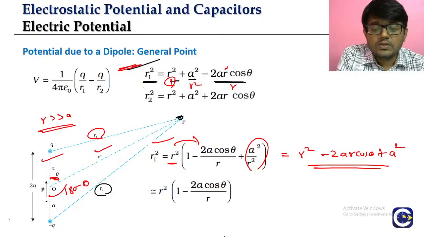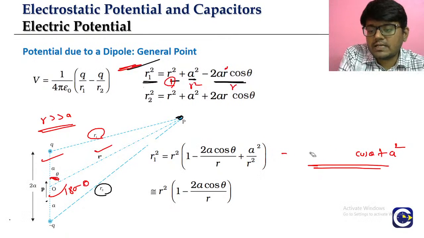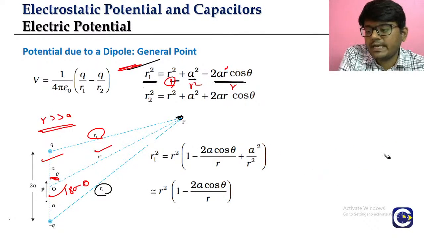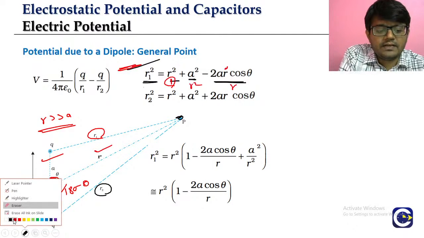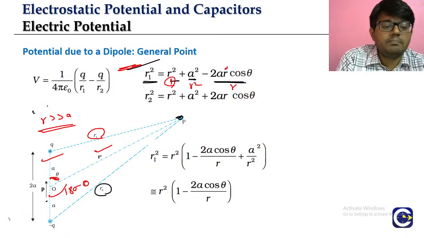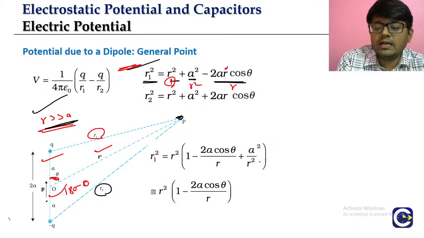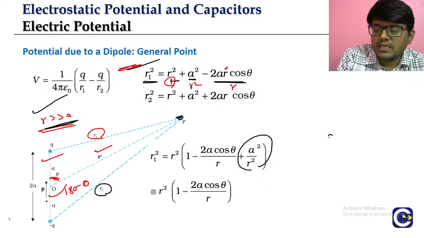Okay? So why we are writing it is because we want to make use of some mathematical simplifications. So we are trying to write it like r1 square is equal to r square into the remaining term. Now look, when we say the value of r is very very high in comparison to a, this a square by r square will be very negligible. a by r itself will be small.